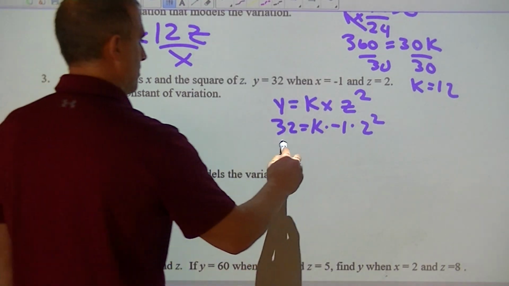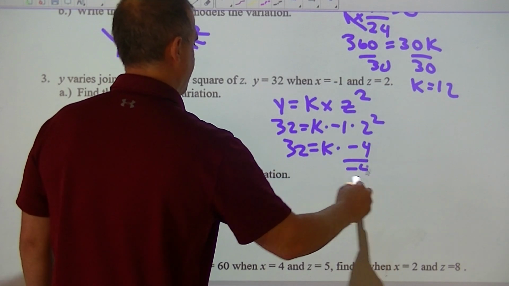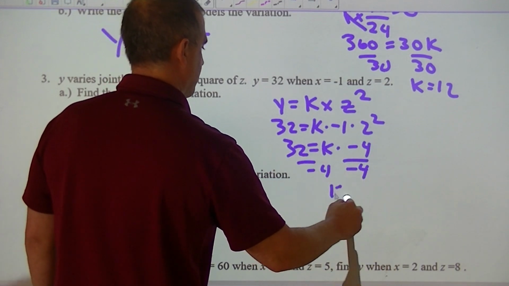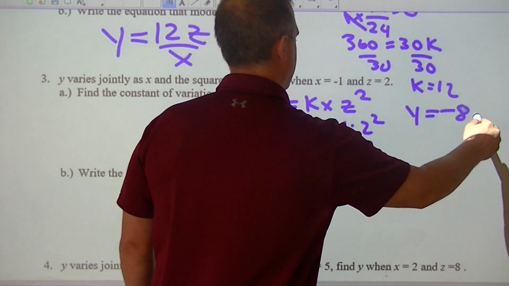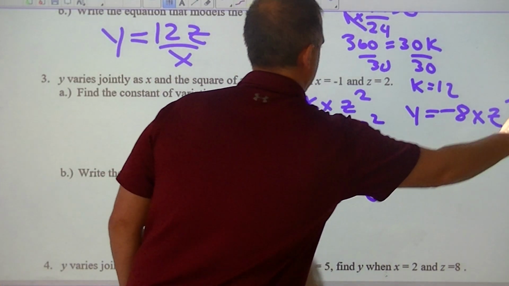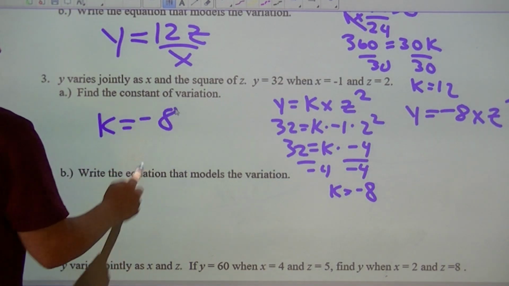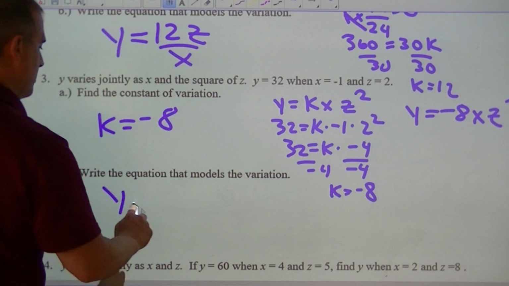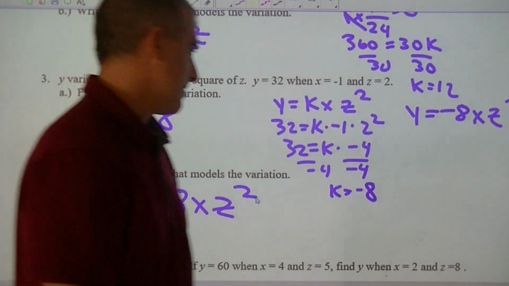It's -4. Divide by -4. I get k equals -8. And I rewrite my equation. What is my constant? -8. What is my equation? Just like that.